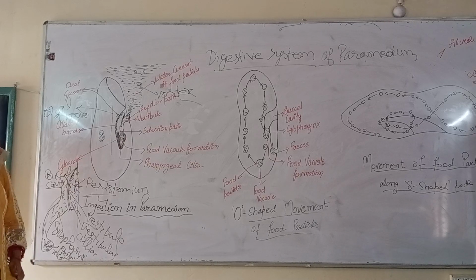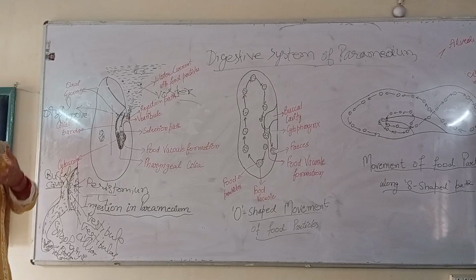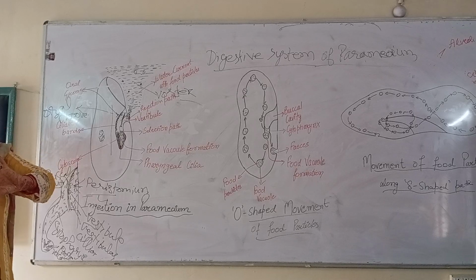What do the cilia do? They rotate and move in opposite directions. Once one cilia moves this side, another rotates on the second side.